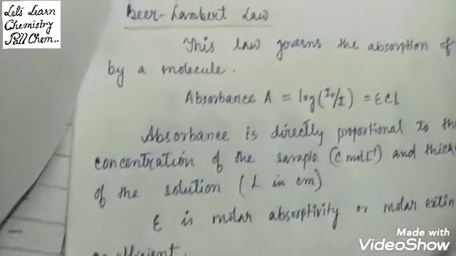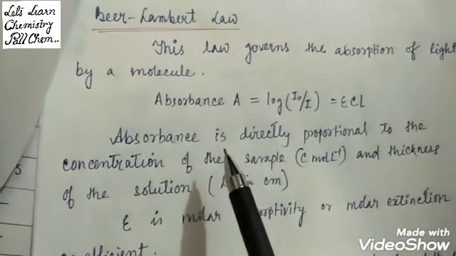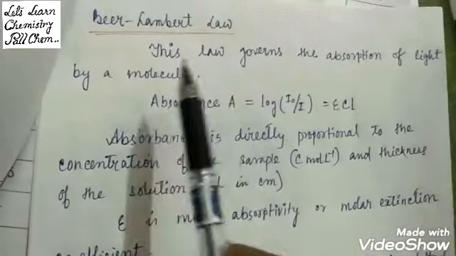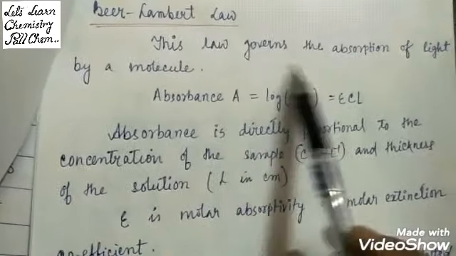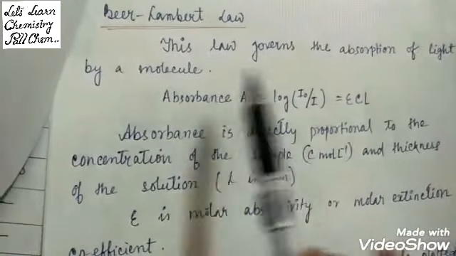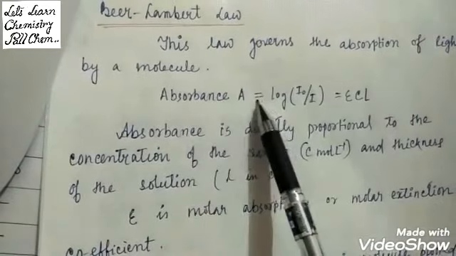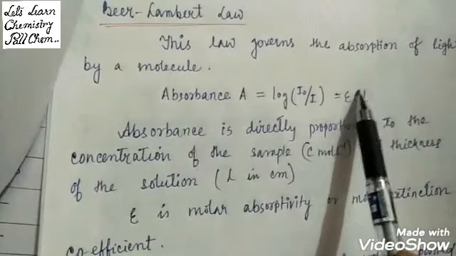Next is the Beer-Lambert law. Already it is discussed, but still, without Beer-Lambert law, the discussion of electromagnetic spectroscopy is not completed, because this law covers the absorption of light by a molecule. So absorbance A is equal to log of I naught by I is equal to epsilon CL.